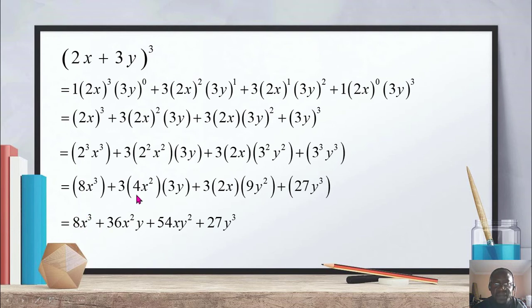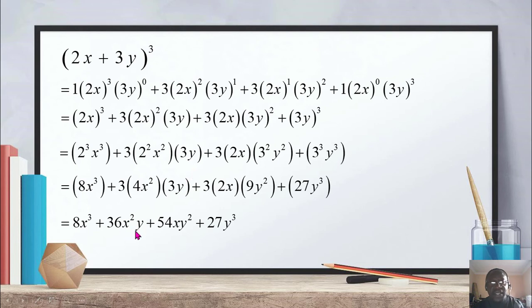Here we'll multiply 3 times 4, which gives us 12, and then times 3, that will give us 36.